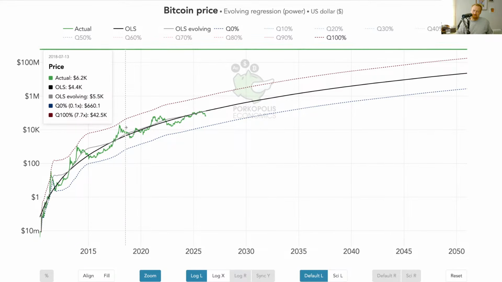Notice as Bitcoin moves on, the green line, as volatile as it can still seem, is actually getting closer to the black line. It's not as volatile as it used to be in the old days.